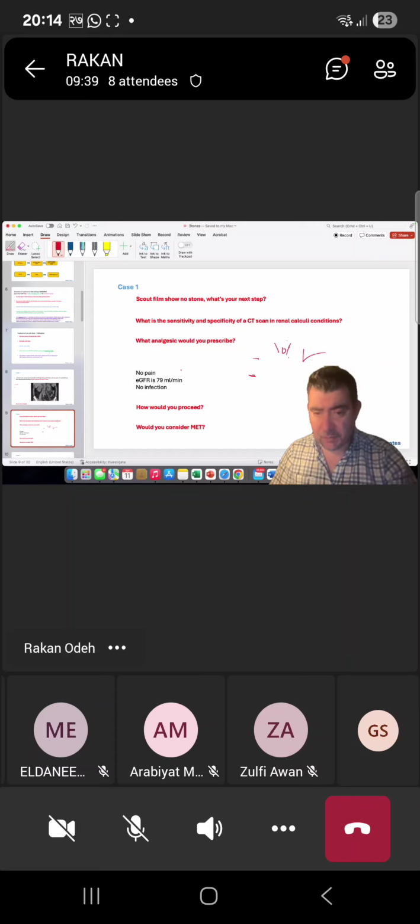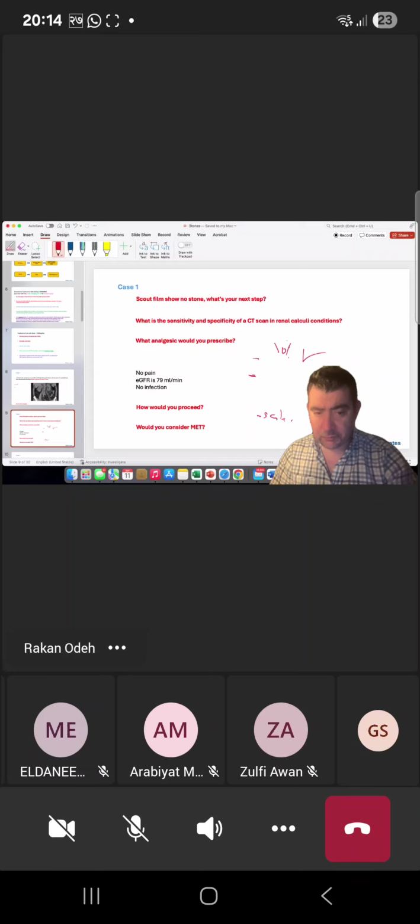I would like to arrange for urine tests, urine dip, and urine culture sensitivity if appropriate. I would also arrange for blood tests in the form of calcium, uric acid, full blood count, urea and electrolytes, and clotting profile. Very good. Okay. As well as imaging, but he has already had imaging.